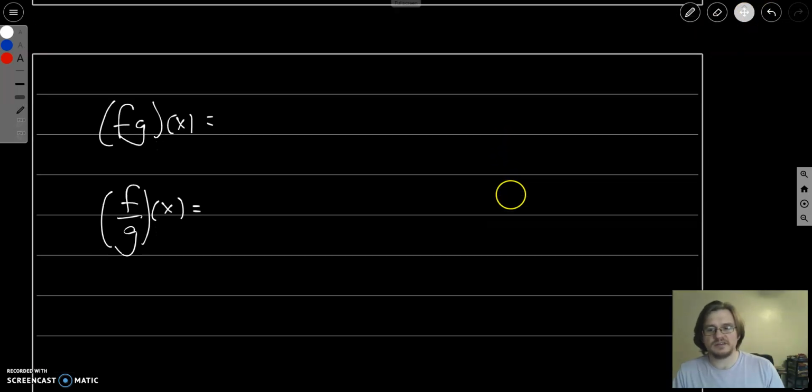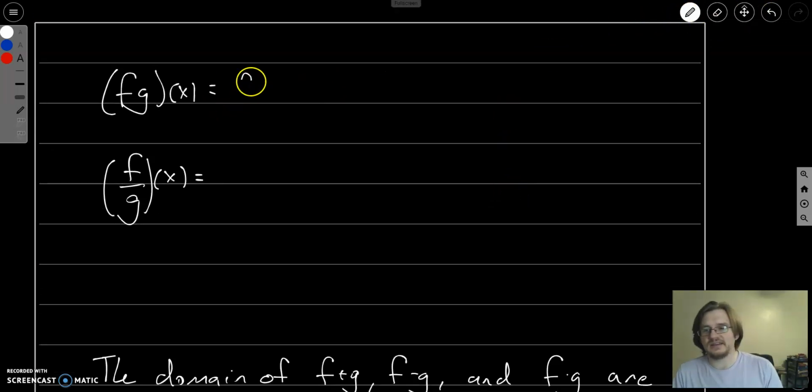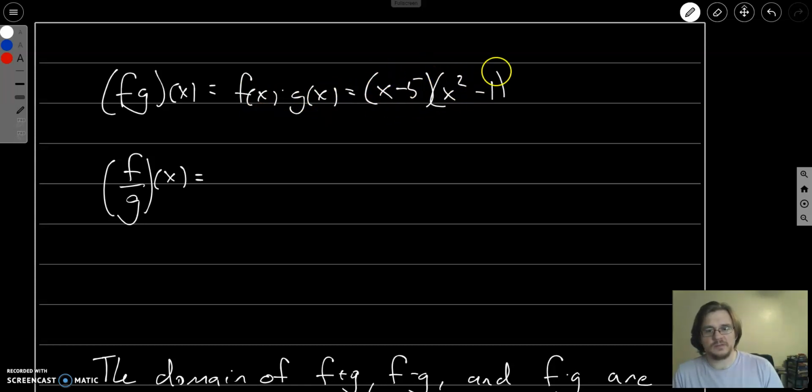We can multiply the functions. And again, this is as simple as just taking the two functions and multiplying them together. The first function was x minus 5. The second function was x squared minus 1. And we can multiply these. I will FOIL this. So we'll take the first two terms and multiply them. So x times x squared is x to the third.